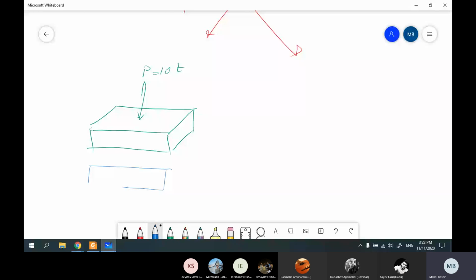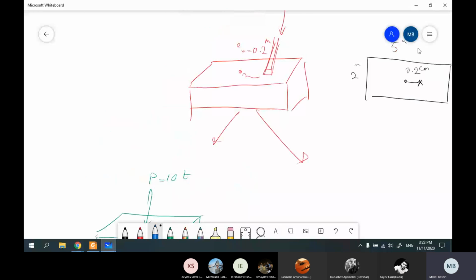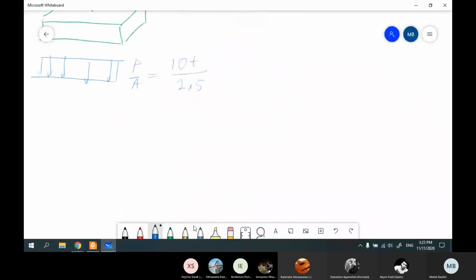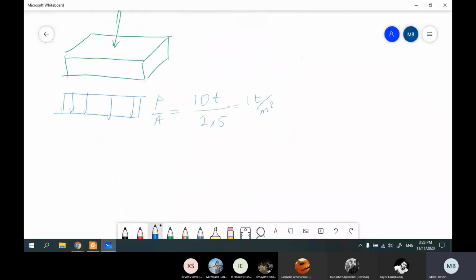How much is this? P divided by area. What was the area? 5 times 2 is 10 square meter. The force is 10 ton, so the stress is 1 ton per meter square.